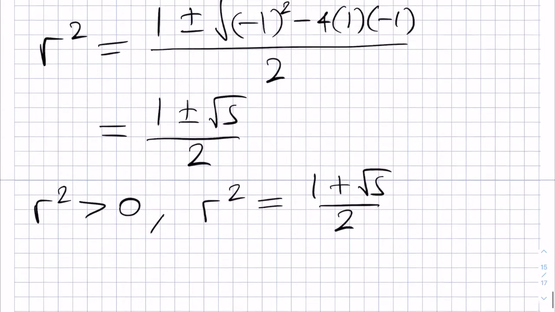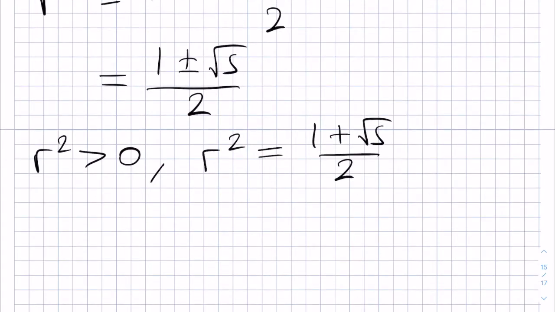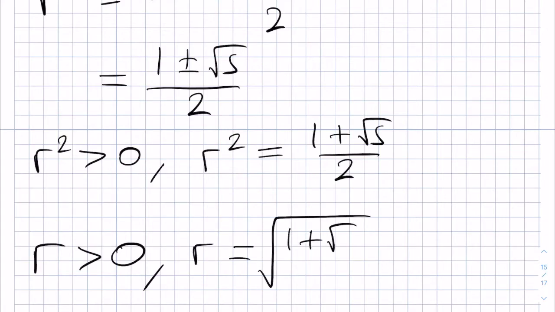Then we can go once more and get the value of r, but again r is a side length, and so r is strictly greater than 0, giving us that r is equal to the positive root of (1 plus root 5) over 2. We couldn't take the negative root here either.